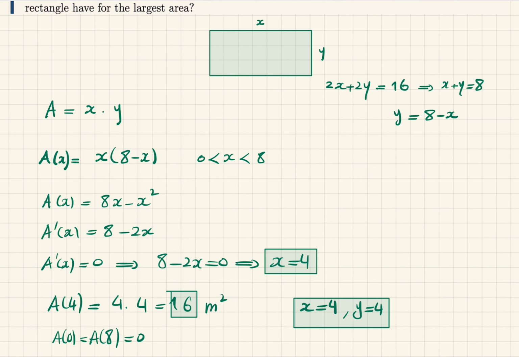So if I want to have the highest value of the area, I need to bend this wire in a way that it makes a square of dimension 4. So that's also very interesting. So I would say that among all rectangles with the fixed perimeter, the square has the highest area.